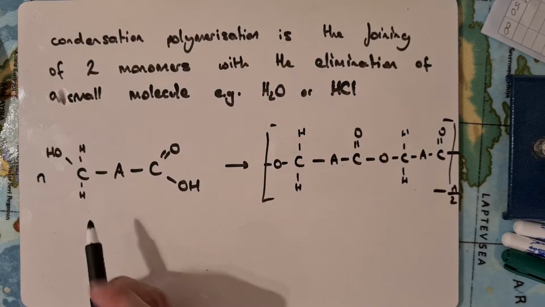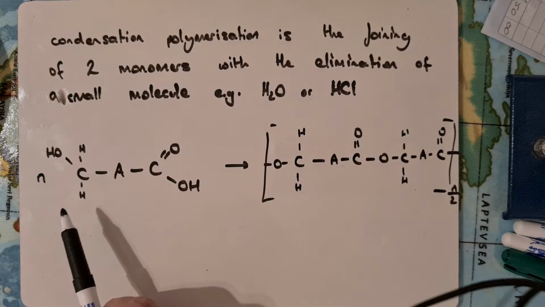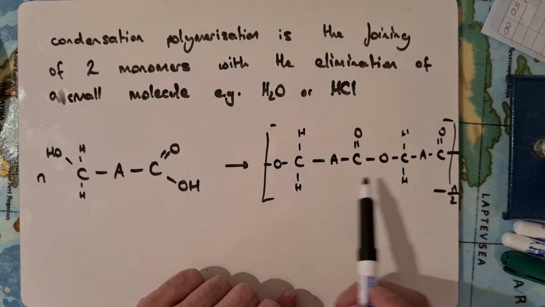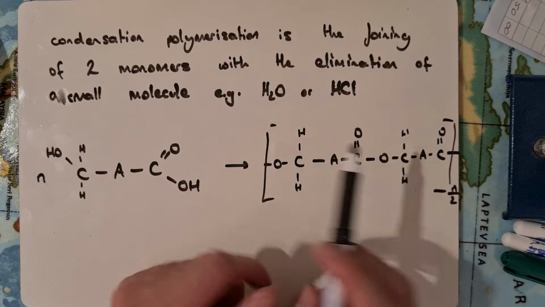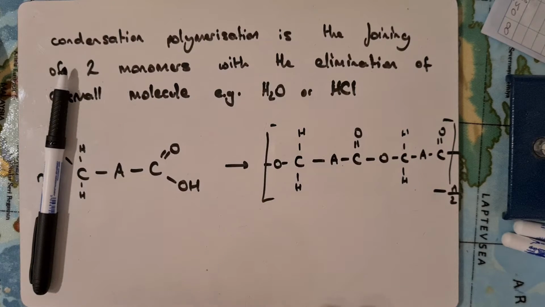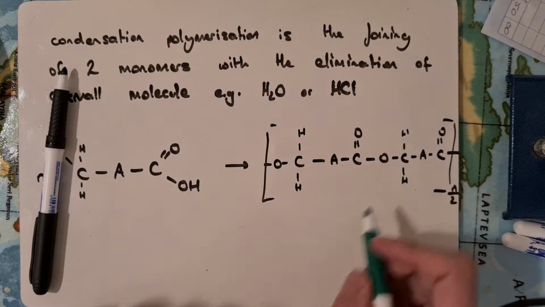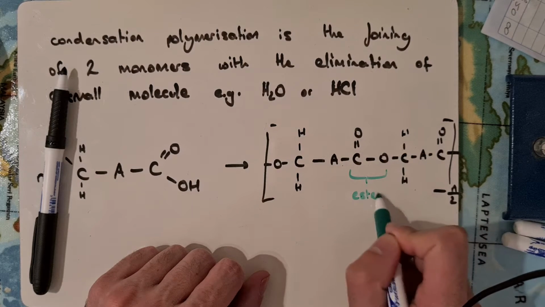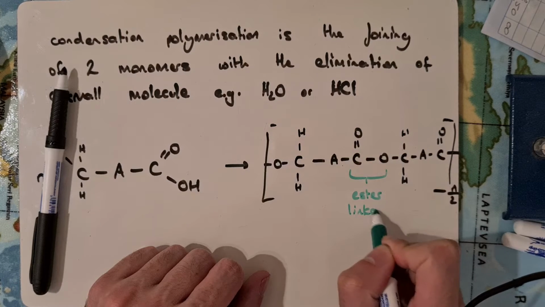So two of these join together, and that forms this repeat unit where we've got two of them now joined together, and they're joined by this here, which is an ester bond or ester linkage.